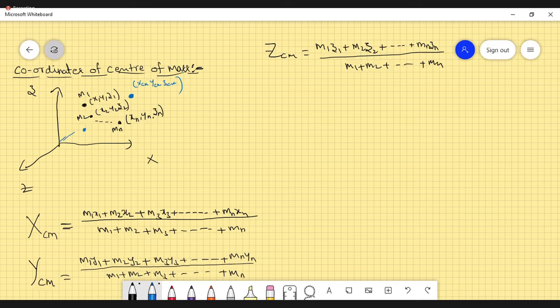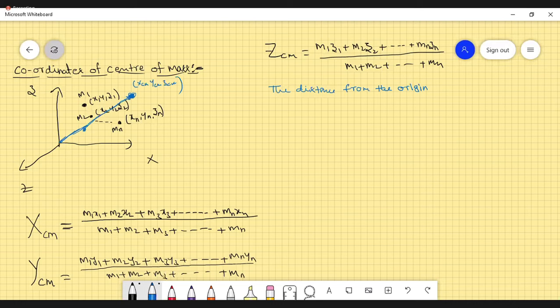Then what is the distance from the origin? How do we find the distance from the origin?